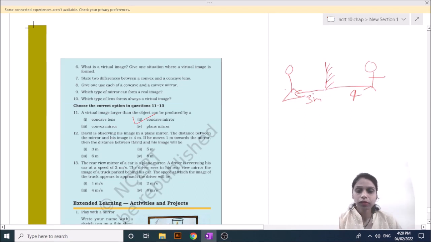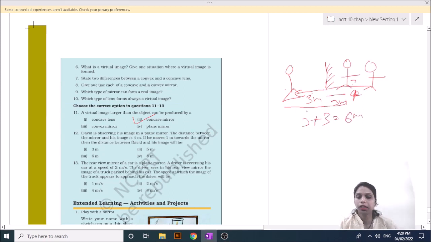Now he is 3 meters from the mirror, and the image is also 3 meters behind the mirror. So 3 plus 3 is equal to 6 meters. The distance is 6 meters.